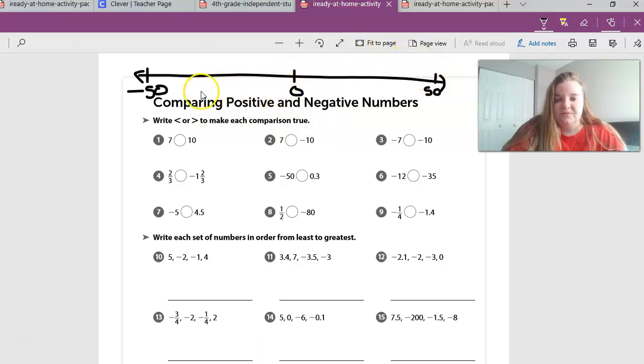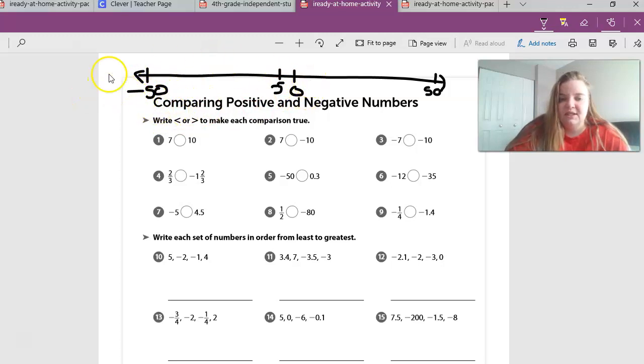So, the farther right you are on a number line, the bigger your number is. So let's say that this is negative 5. Okay? So our intervals are going to go by 5s instead of 1s like on the last page. Since negative 5 is more to the right than negative 50 is, negative 5 is going to be larger than negative 50.